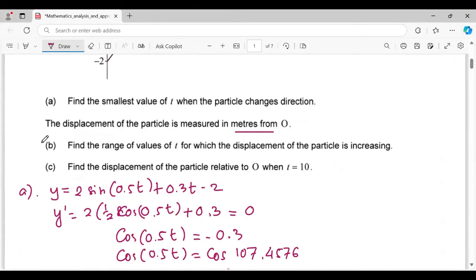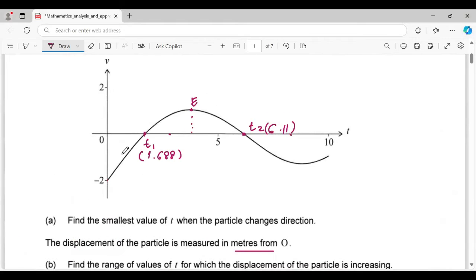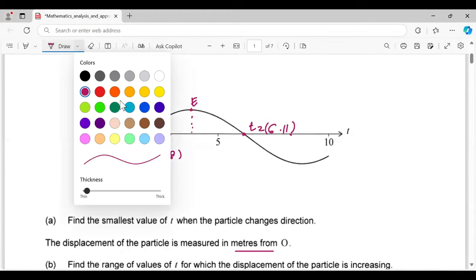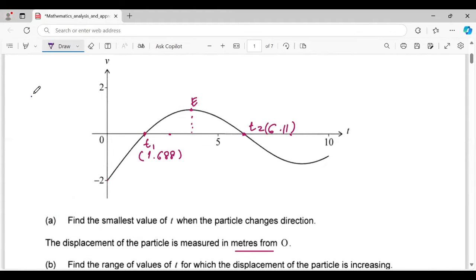And part C, find the displacement of the particle relative to O when t equals 10. So for displacement, it means we are going to find the area from 0 to 10. Which area? This area, I would like to change my color, like this.